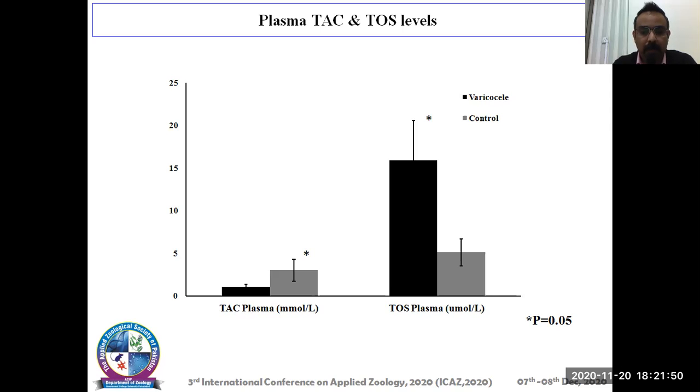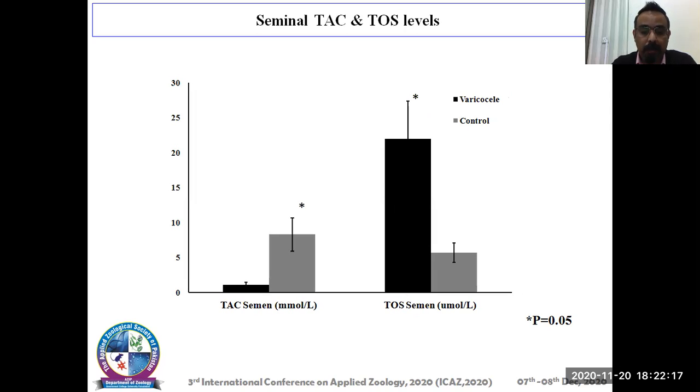The plasma level of total antioxidant capacity was also found to be low, and the plasma levels of total oxidant status were found to be extremely high as compared to the healthy controls.